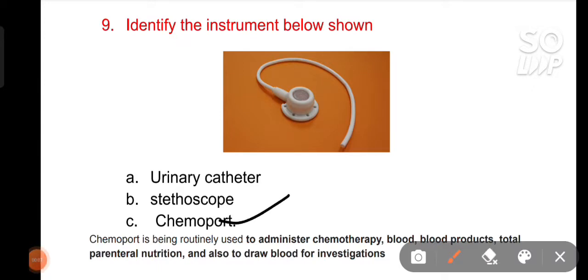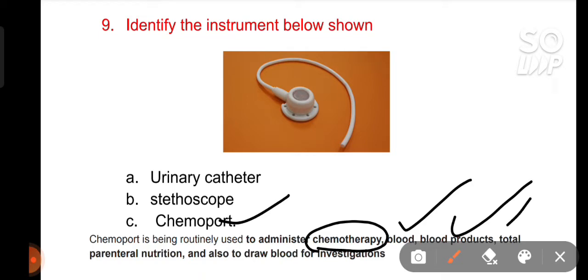What is the use of this chemoport instrument? The chemoport is routinely used to administer chemotherapy. Chemotherapy is used for cancer patients, so only for them can this chemoport be used. It is also used for blood and blood products, total parenteral nutrition, and to draw blood for investigation.